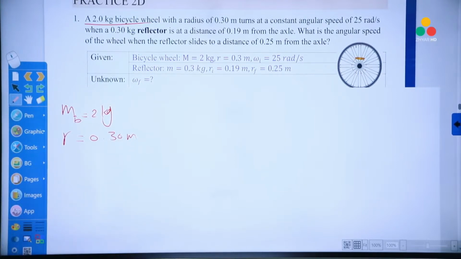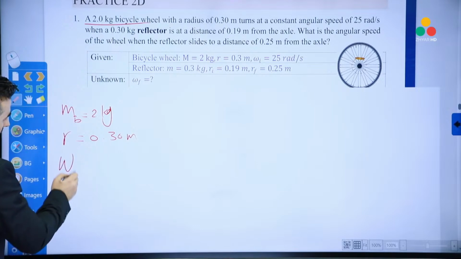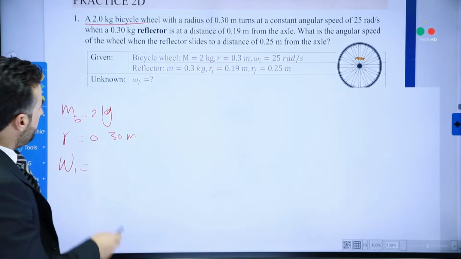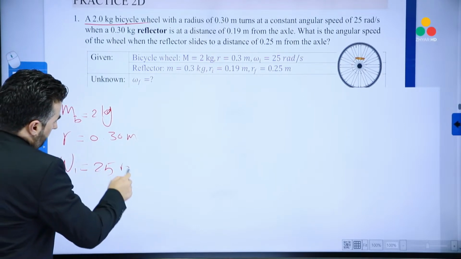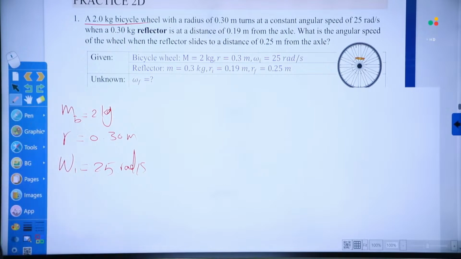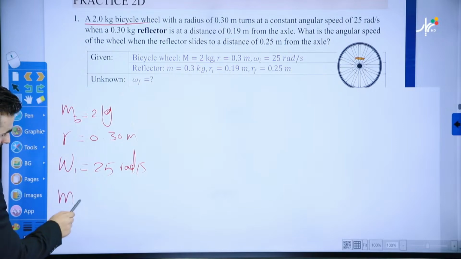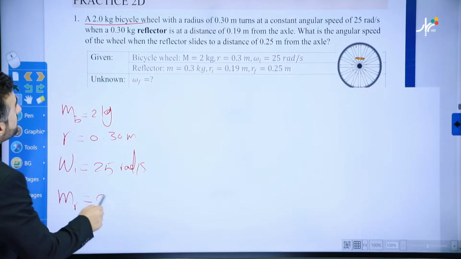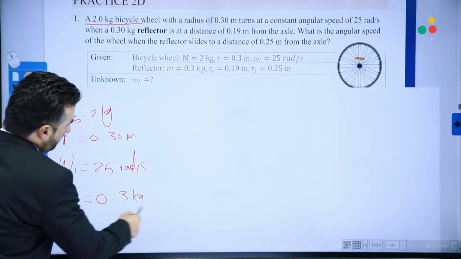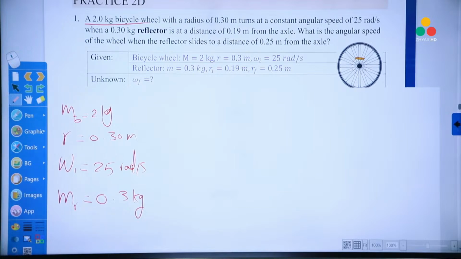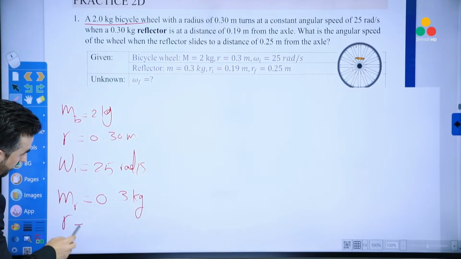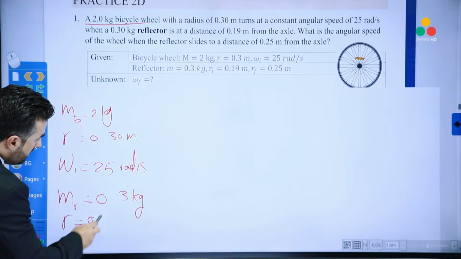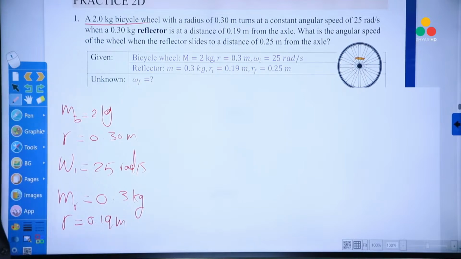It turns at a constant angular speed, so the initial angular speed is 25 radian per second. Next, it says a 0.3 kilogram reflector, so the mass of the reflector, R for reflector, is 0.3 kilogram. At a distance of, so that means the radius of the reflector is 0.19 meter from the axle.